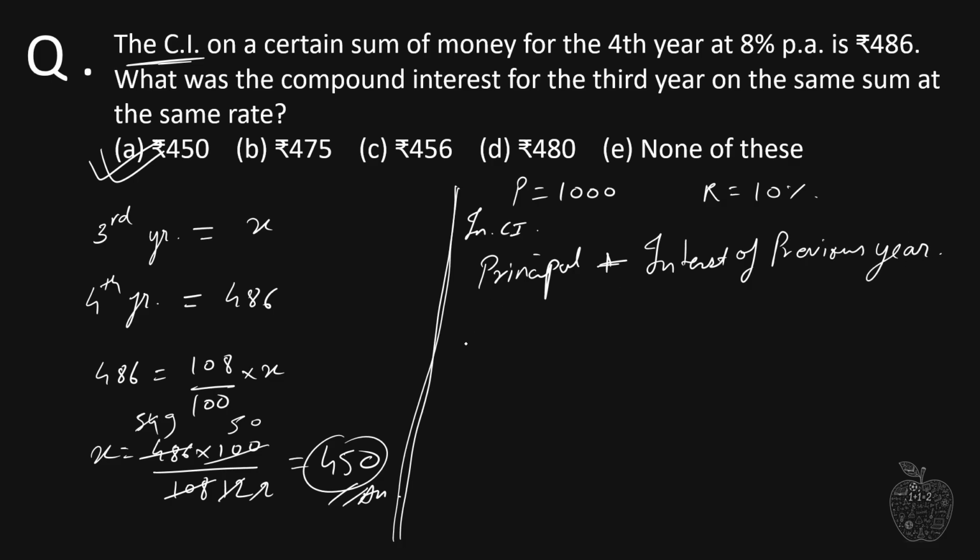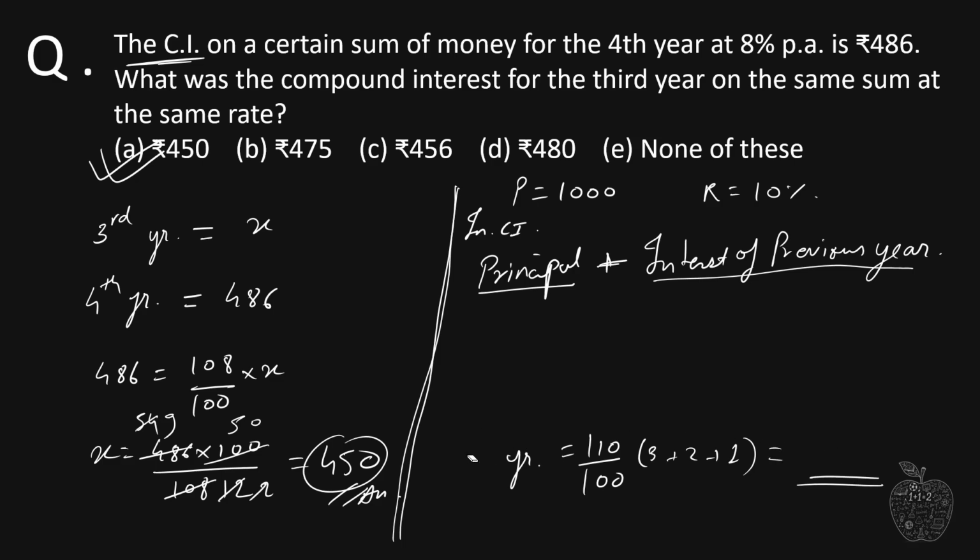Suppose I have to calculate the interest for the 4th year, I should calculate 110% of the principal plus the interest of the previous years, that is the 3rd year, 2nd year and 1st year, and then I'll get the 4th year's interest.